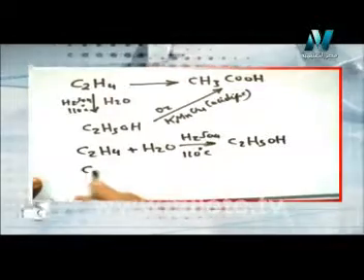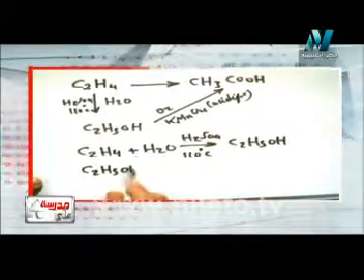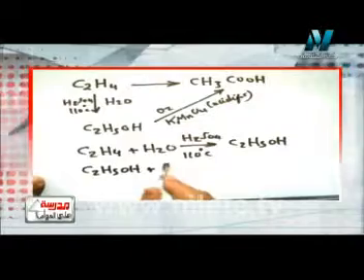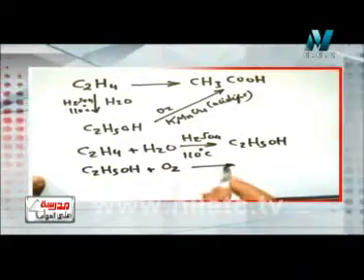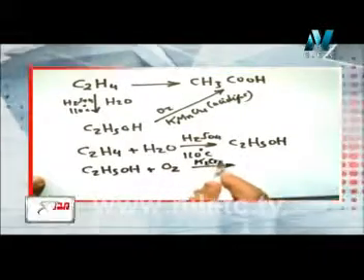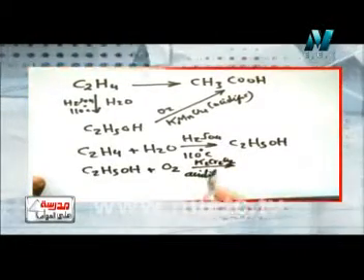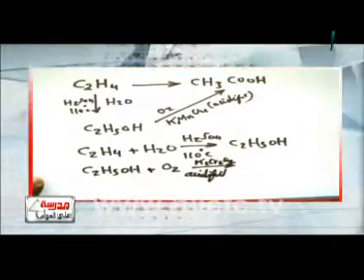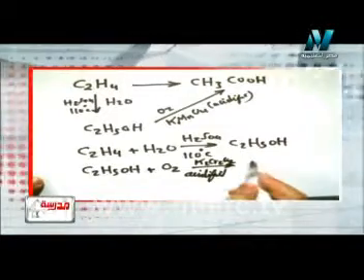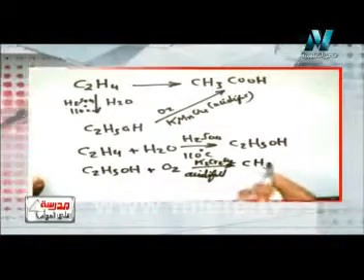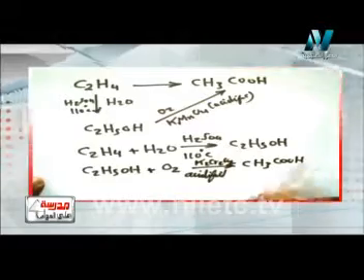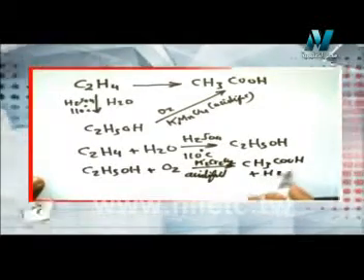Then ethanol, C2H5OH plus oxygen O2 in presence of acidified K2Cr2O7 or acidified KMnO4, gives CH3COOH plus water. This is about how to convert ethene into acetic acid.